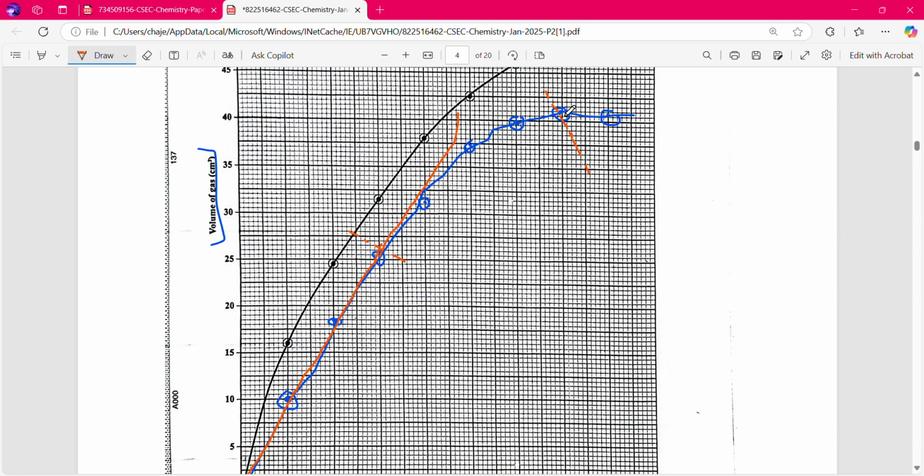That's suggesting that the reaction would have stopped. So here to here, that's where we're no longer producing any more gas, which means that we don't have any more reactants present in our conical flask or in whatever container they're using. That's when everything just stops completely.